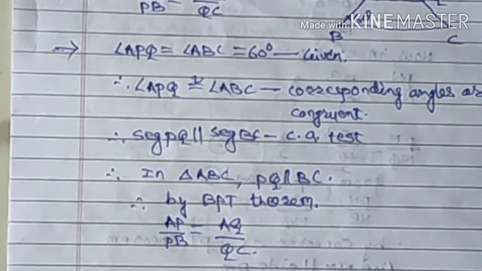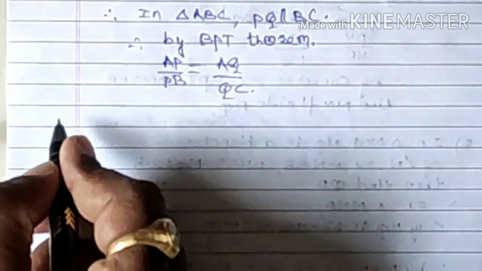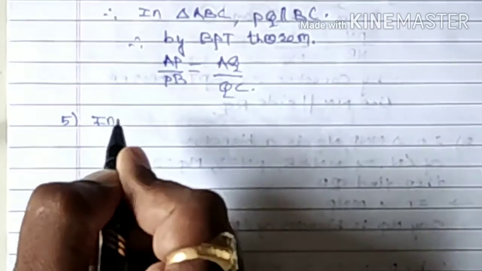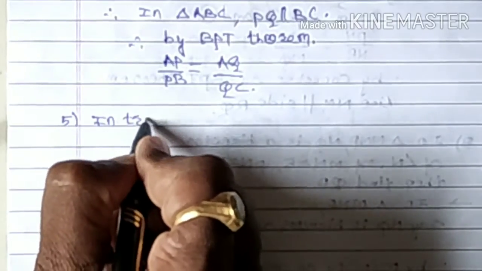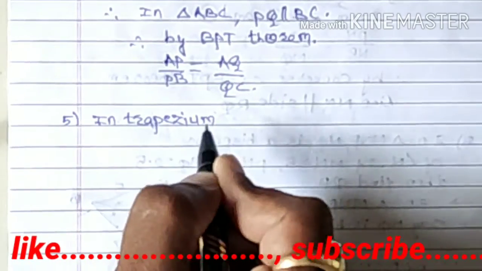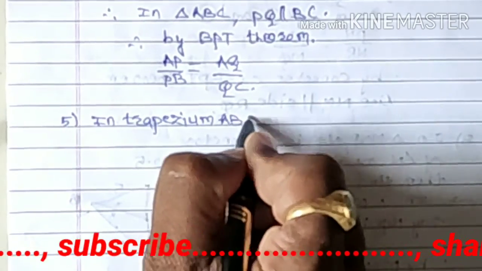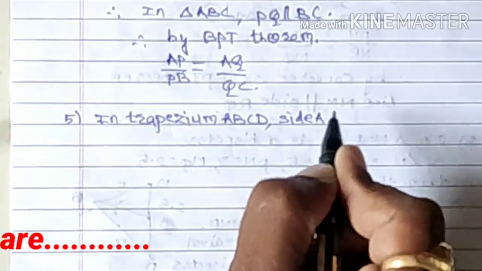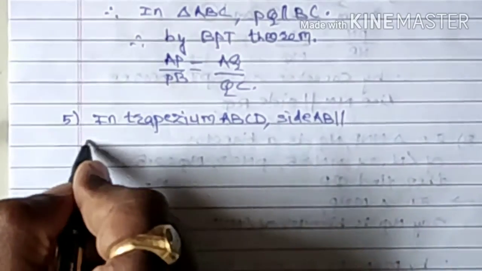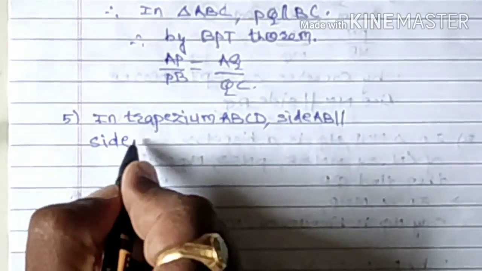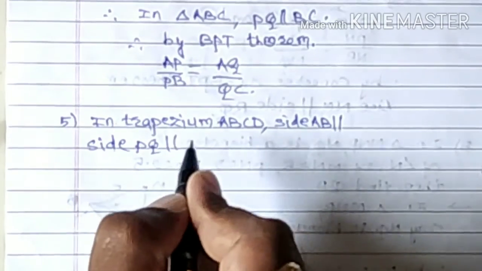Now, example number 5. In trapezium ABCD, side AB parallel to side PQ parallel to side DC.